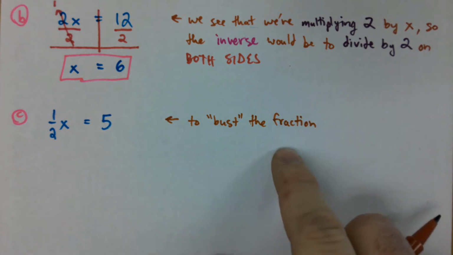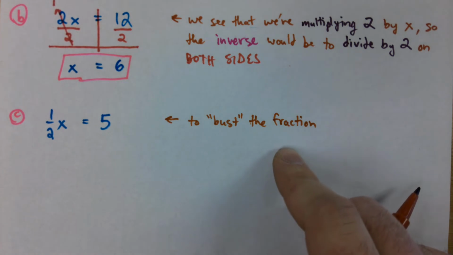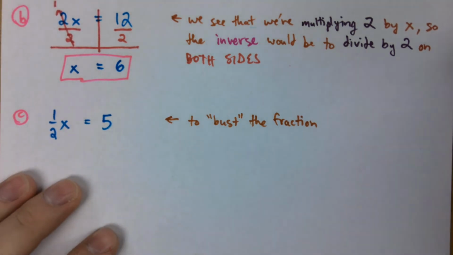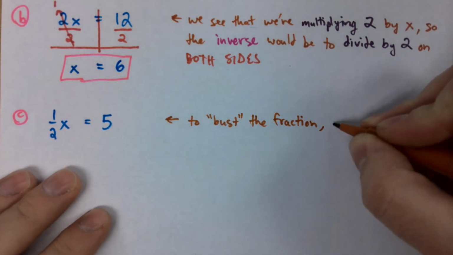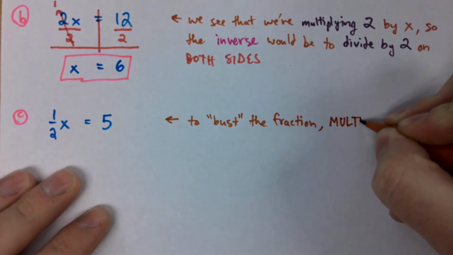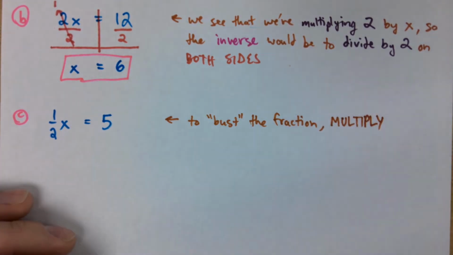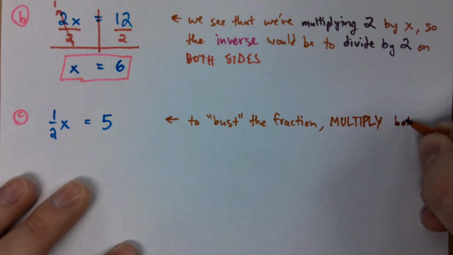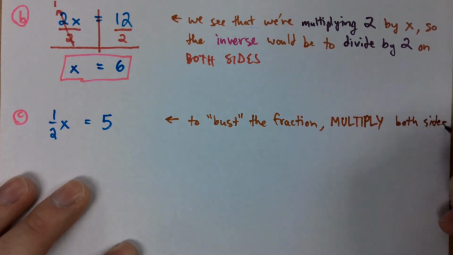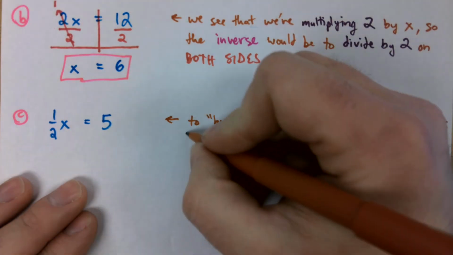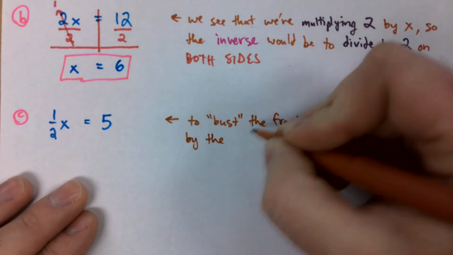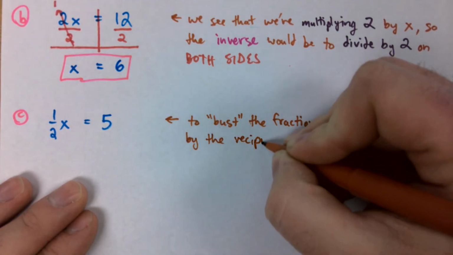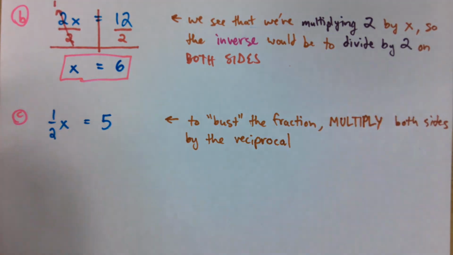So we're going to break this fraction somehow. Here's how we're going to do it. We're going to multiply, instead of divide, we're going to multiply both sides by the reciprocal.